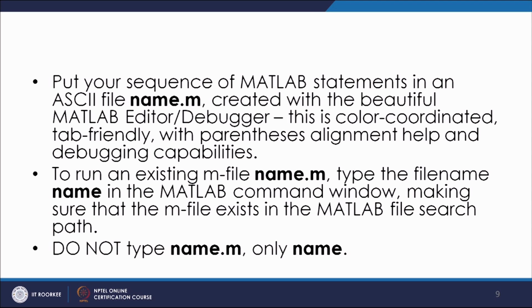To run the existing M file, say name.m, type only the file name in the Matlab command window, making sure that the M file exists in the Matlab file search path. So, that has to be there. Do not type the .m, just type the name of the file.